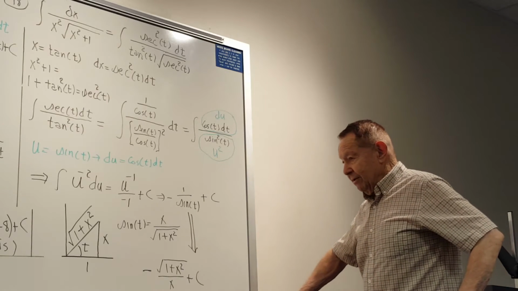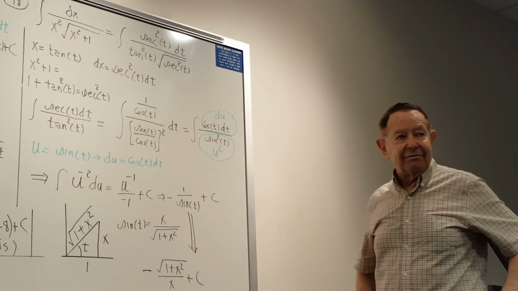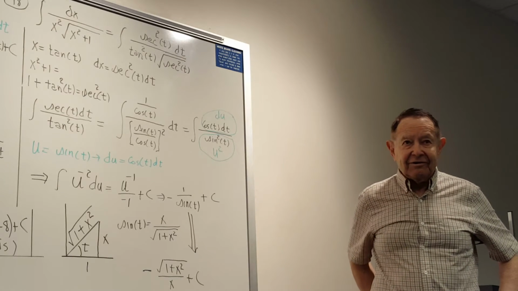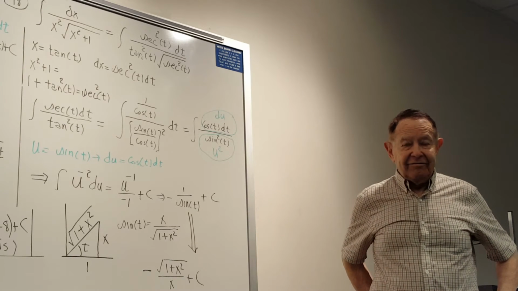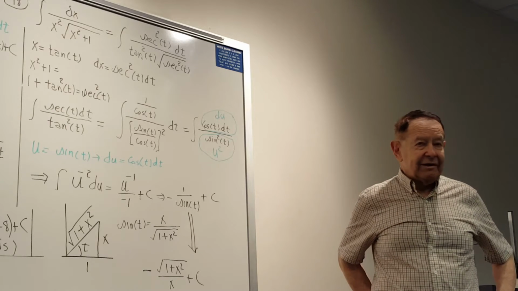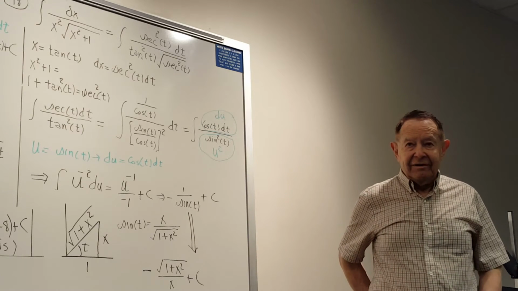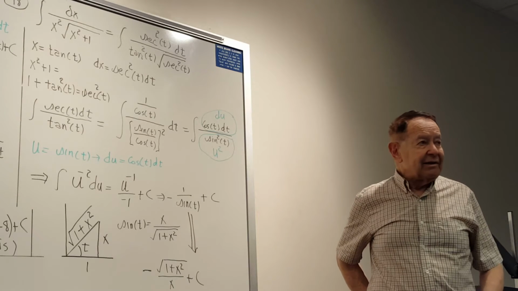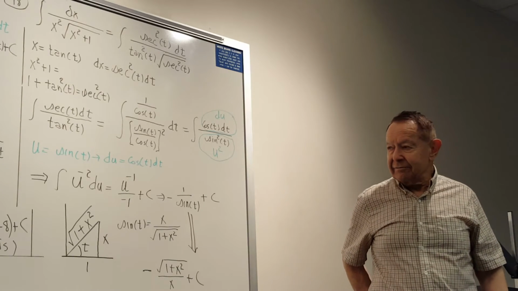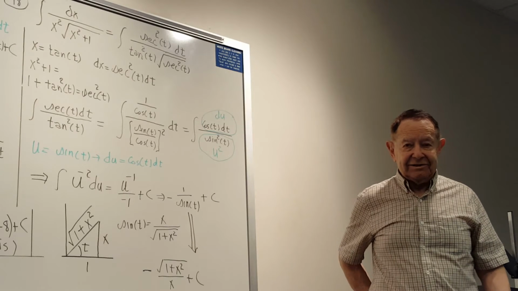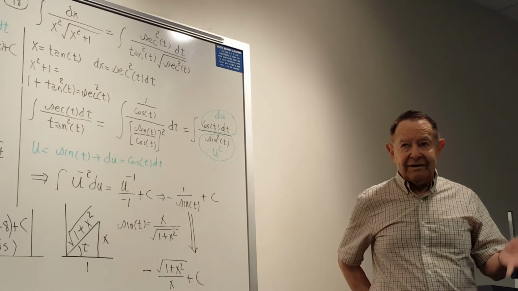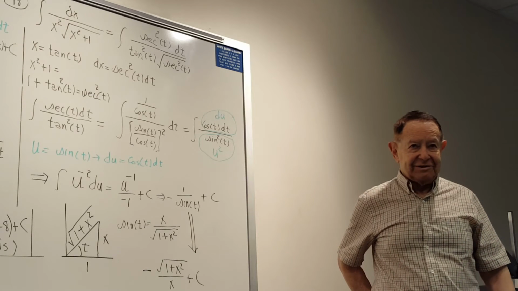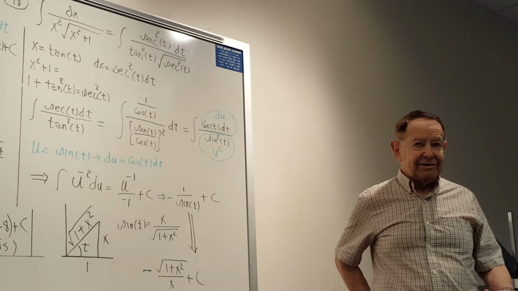Well, what we will talk about tomorrow is what we call partial fractions. If you have an integral to do and you have a denominator which is a product of two factors, let's say you have dx over x plus 1 times x plus 2, just to say something that's simple.